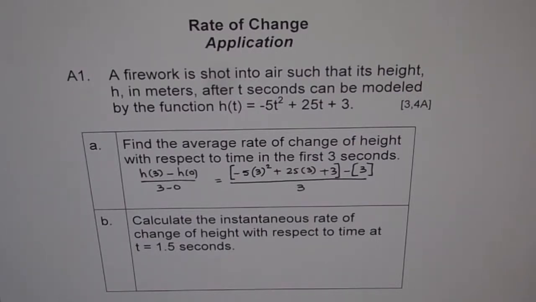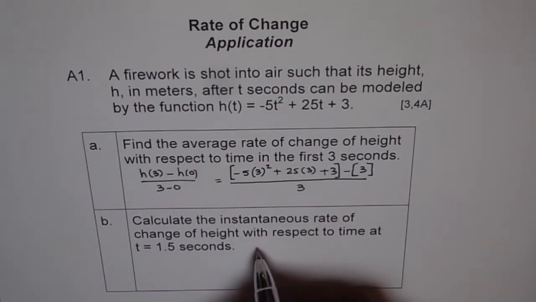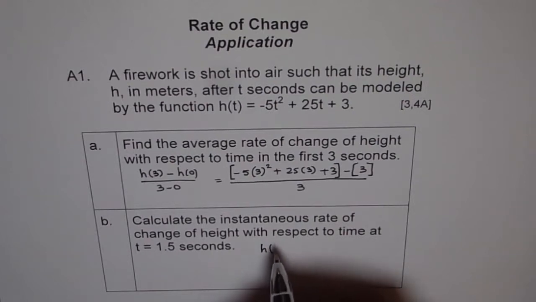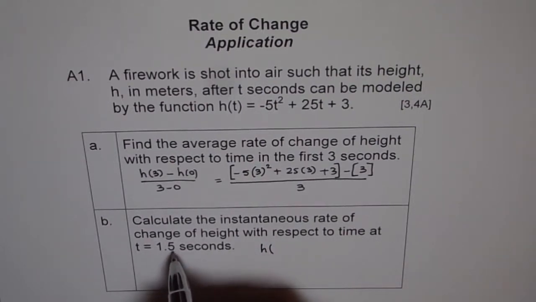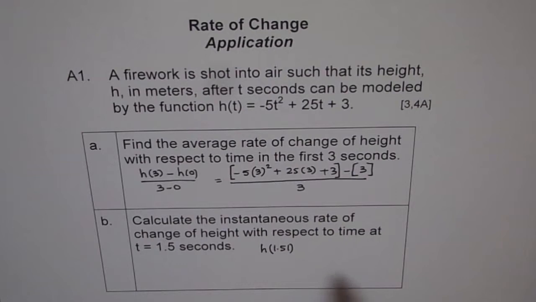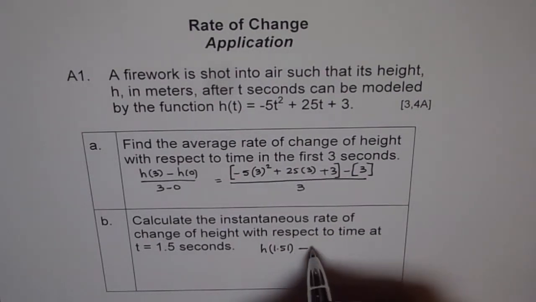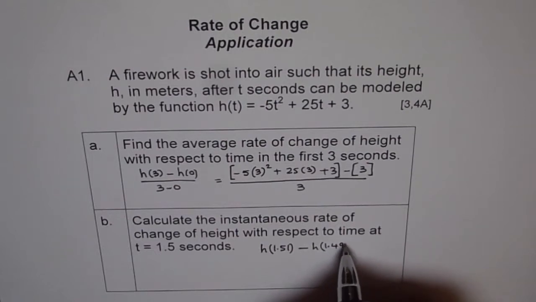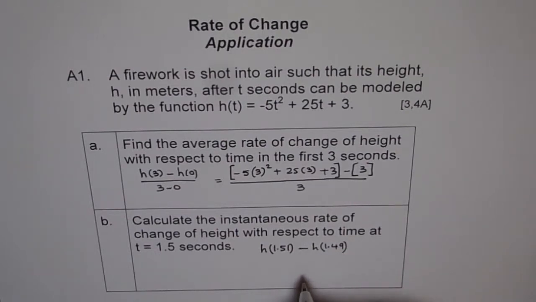So what you can do is, because it is 1.5, we can calculate h of a point more than this and a point less than this. So we'll say h of 1.51. The value you can calculate as we did here, correct? Minus h of 1.49. That gives us accuracy of 1 decimal place.